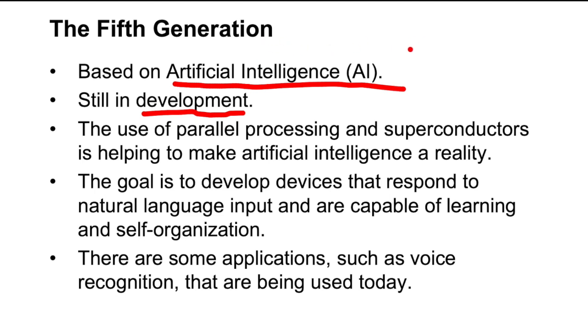Artificial intelligence is really capable of learning and self-organization. So these computers are capable of learning by themselves about more efficient methods, or more efficient ways of doing things than the previous models.